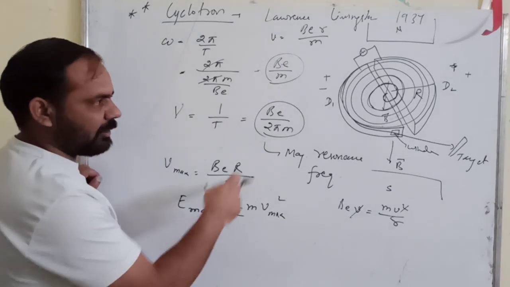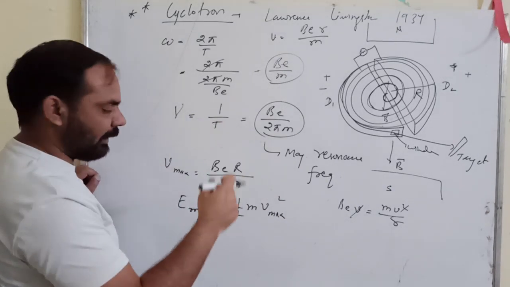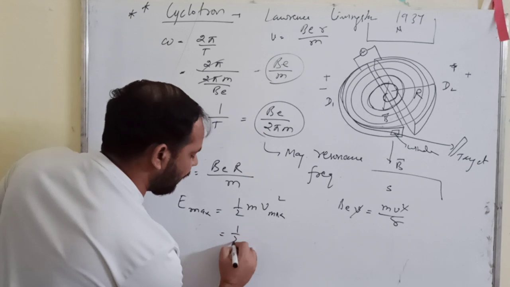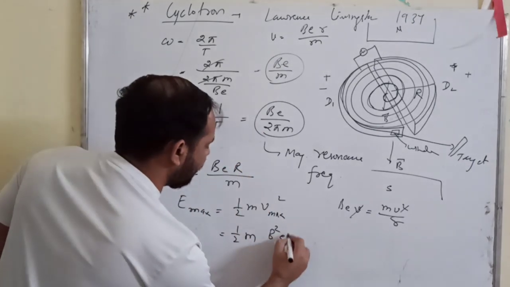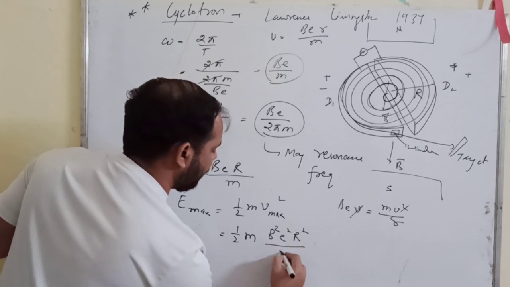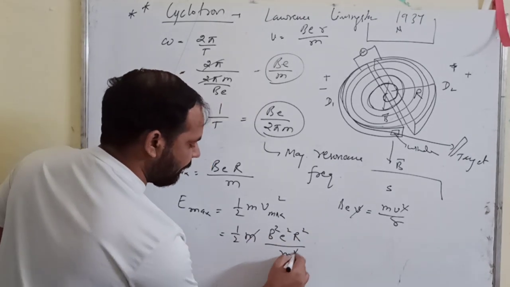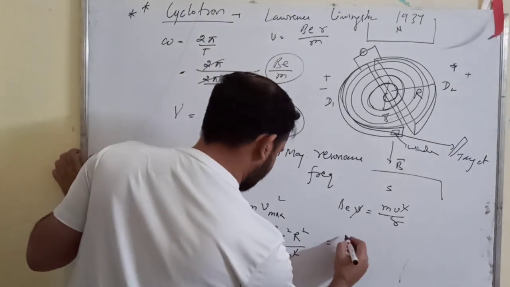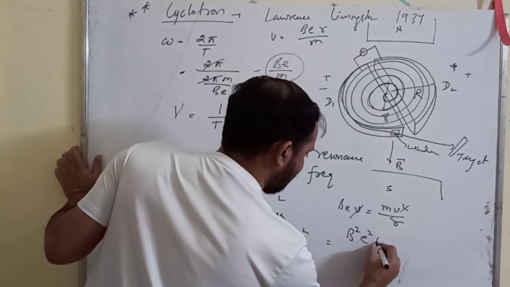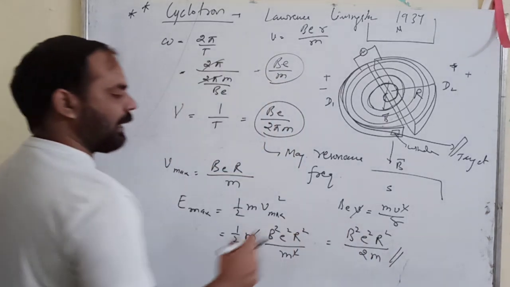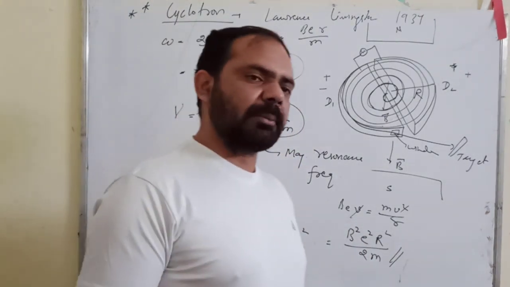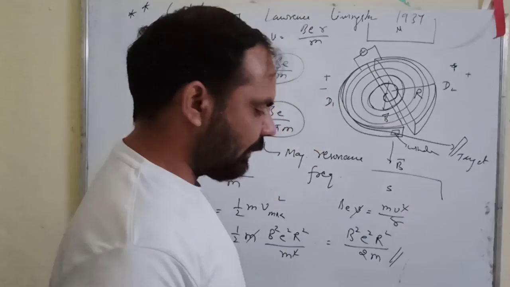The maximum energy the charged particle can acquire is half M, and V max is this, B square E square R square upon M square. M and square will get cancelled, and this is B square E square R square upon 2M. This is the expression for the maximum energy the charged particle can have.